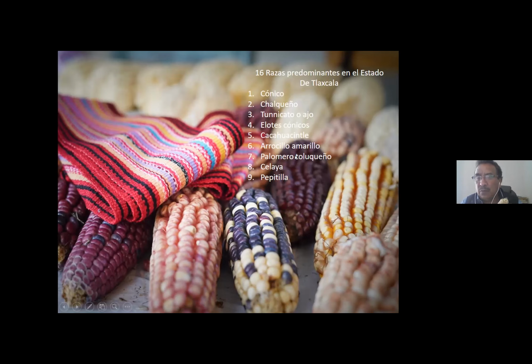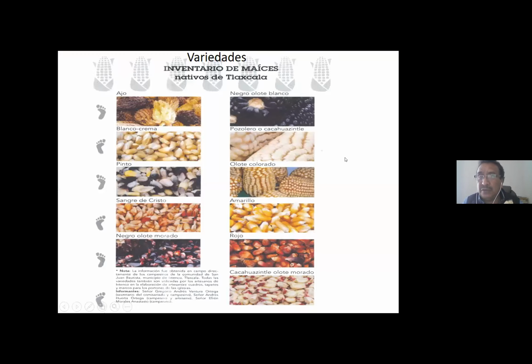In Spanish, the names are cónico, tlaqueño, tunicato, oajo, elotes cónicos, aguaxintle, yellow, red, the different types of corn. These are the varieties that the indigenous people and the campesinos know also by their own names or by their color. We have this corn. It's called the garlic corn.